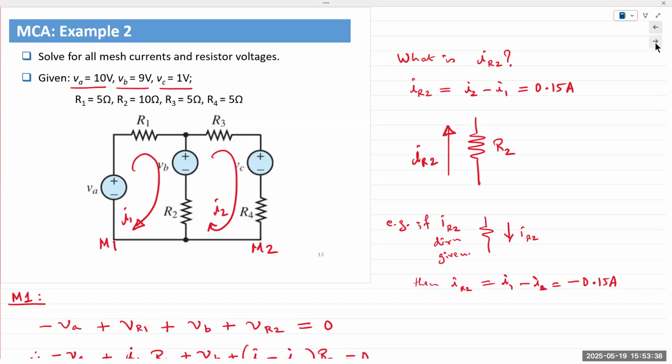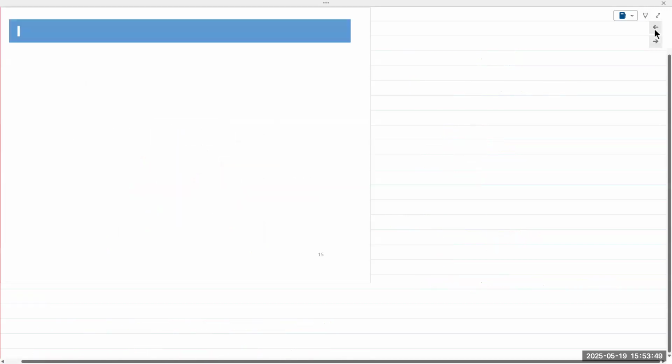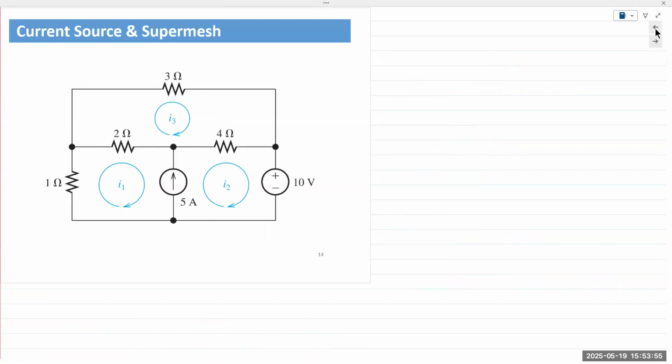Okay, let's see. Any other questions before I move on to super mesh? All right, so similar to super node, we have the concept of a super mesh. If anything, super mesh is even easier than a super node.